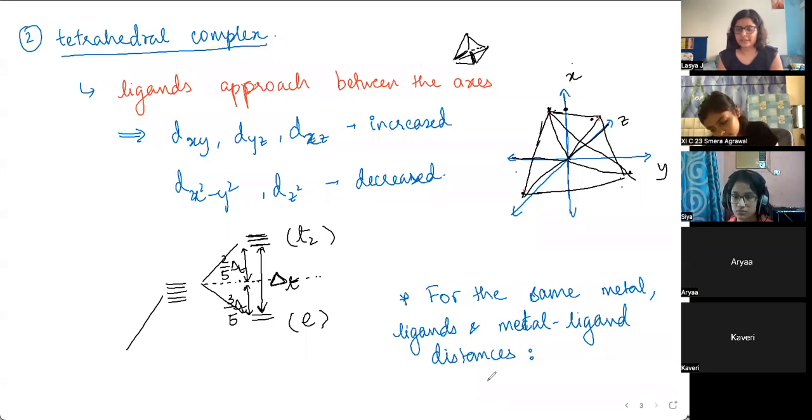So it was found that delta T, like tetrahedral splitting energy, is 4 by 9 times delta naught, the octahedral splitting energy.